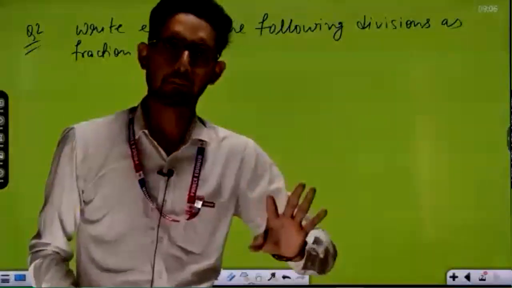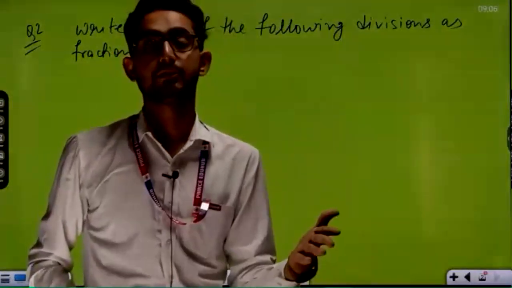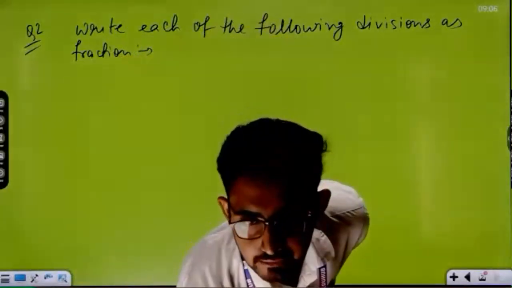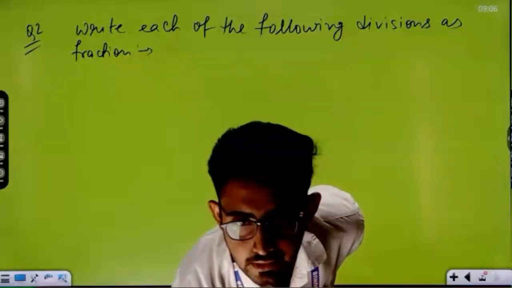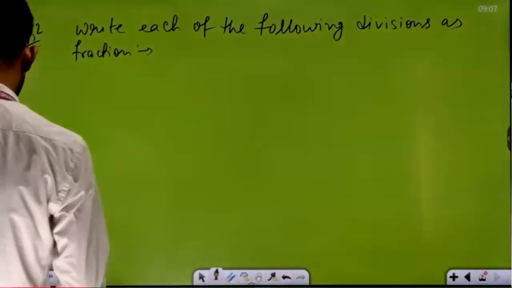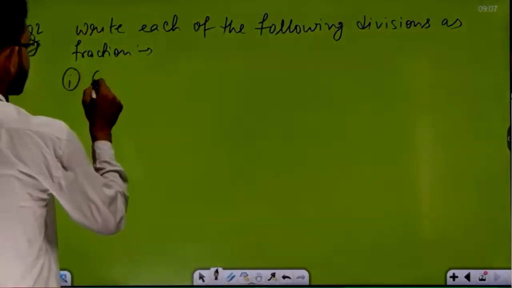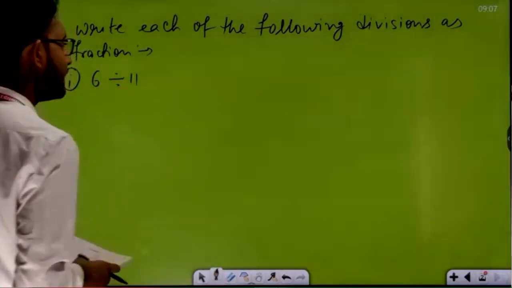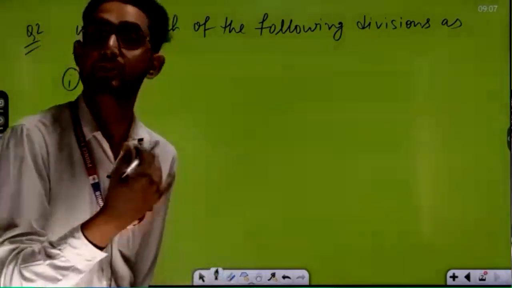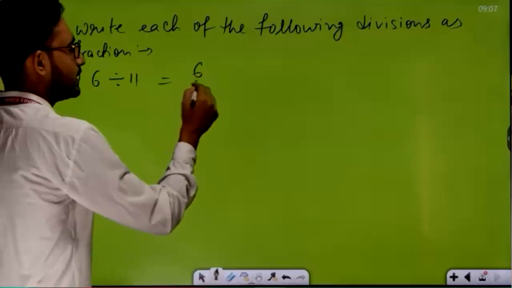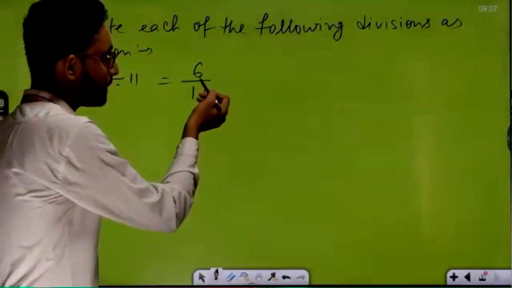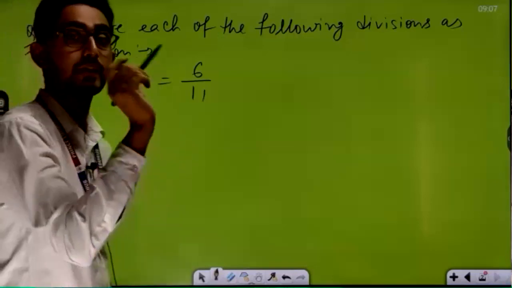That means some division is in front of you, and you have to write it down in the form of a fraction. How will we write it down? Very simple question. First part, that is 6 divided by 11. Actually this is division, and we can write division as a fraction also. Like this, 6 upon 11. Actually divide and upon are both the same. This is known as 6 upon 11. Okay, we will use that word upon.